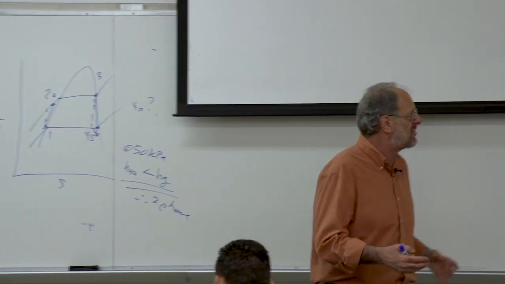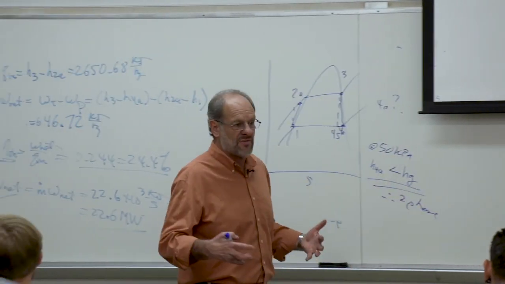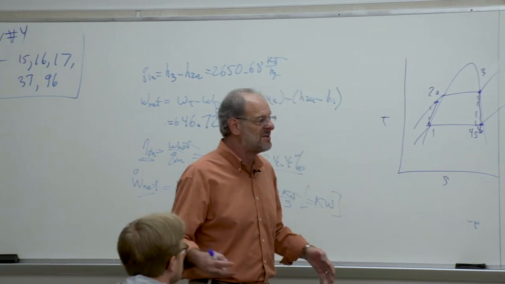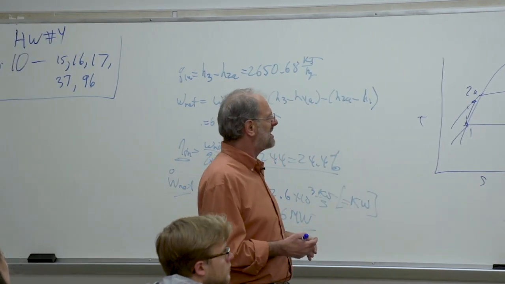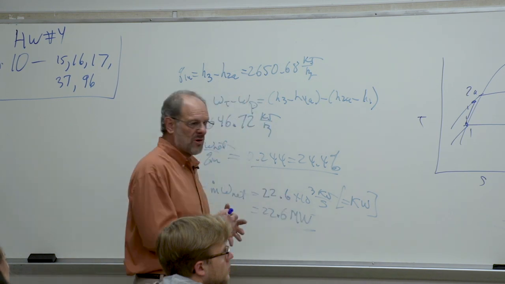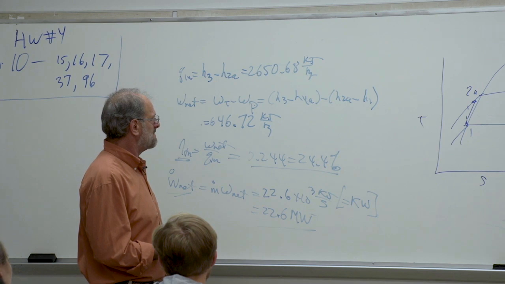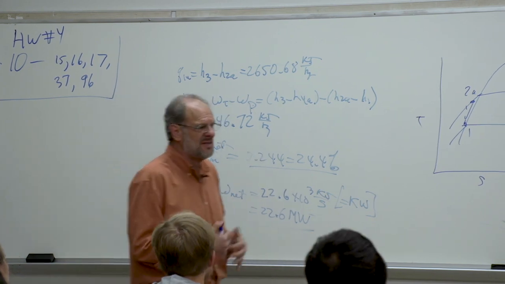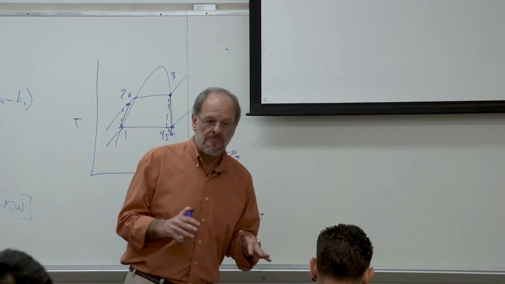Some of the pumps that are used in steam power plants are absolutely massive. They cost millions of dollars for a single pump. To save maybe a small fraction of a percent in pump work and have to spend millions of dollars for that extra pump, not to mention some sort of intercooler in between, makes absolutely no sense at all. So we're not even going to consider that.